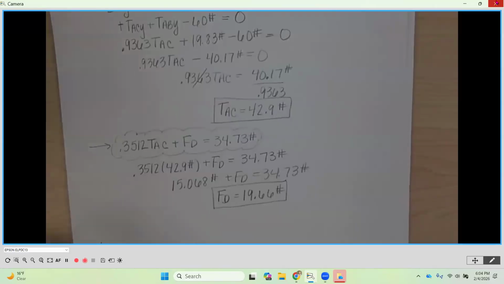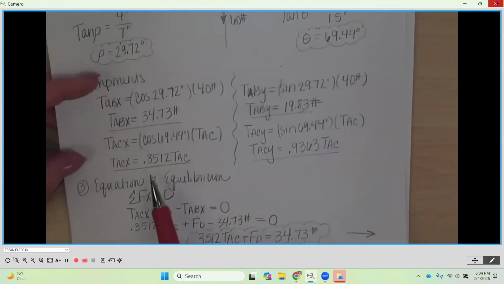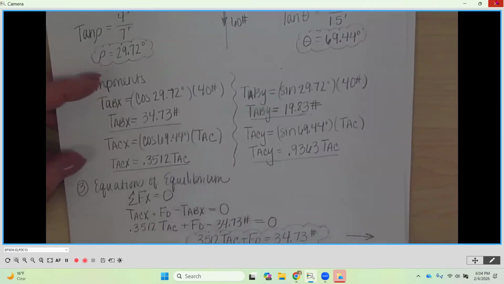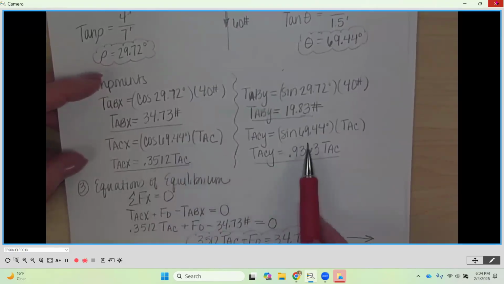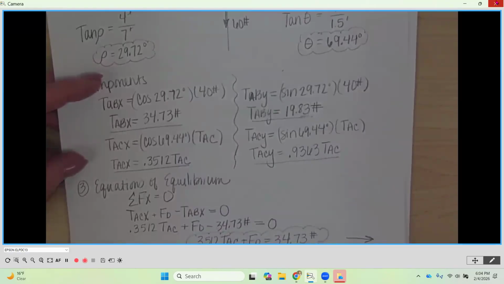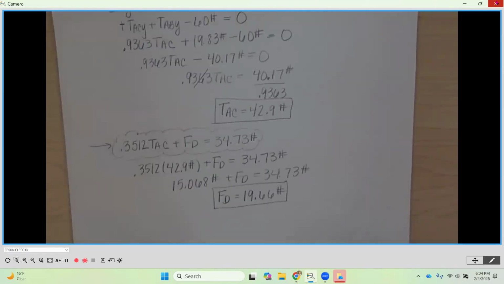If you start rounding, where you're using the decimal equivalents of the sines and the cosines, make sure that you're holding those 4 or 5 decimal places, because otherwise it'll make a big difference in the end.